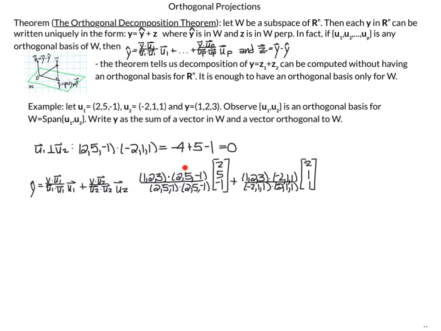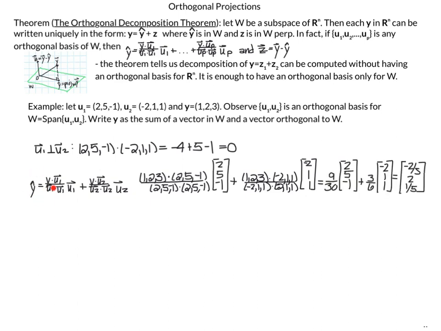For whatever reason, I decided to do my dot product in this kind of vector calculus look. Now I have my y dot u2, so y is 1, 2, 3, dot u2, which is negative 2, 1, 1, divided by u2 dot u2, so negative 2, 1, 1 dotted with negative 2, 1, 1, times my vector u2, negative 2, 1, 1.